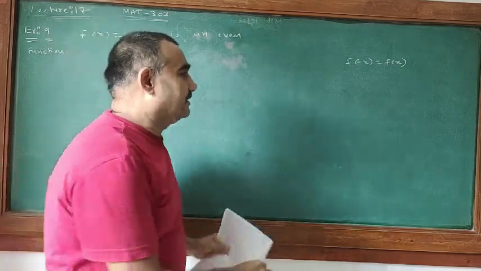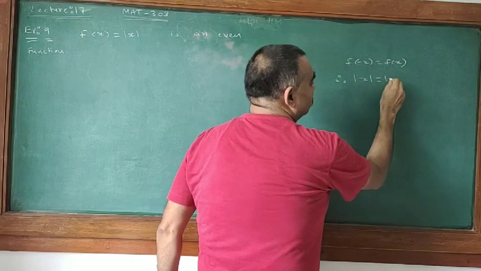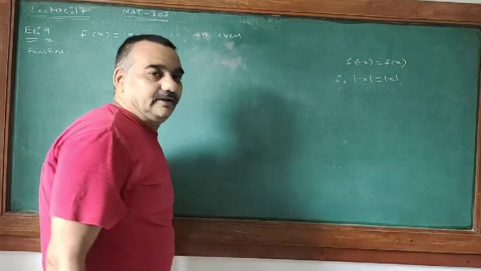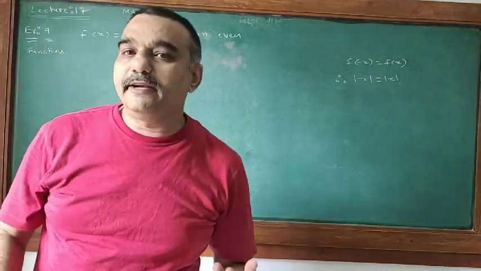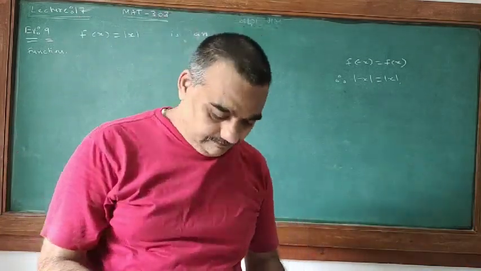And obviously here mod of minus x equal to mod x, and so mod x is an even function. Here we proceed to find the Fourier series expansion of f(x) equal to mod x.